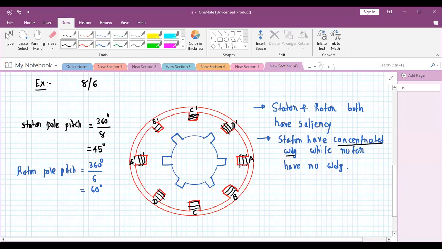So each phase has how many windings? Each phase has two windings. A dash, one phase. B dash, second phase. C dash, third phase. D dash, fourth phase.